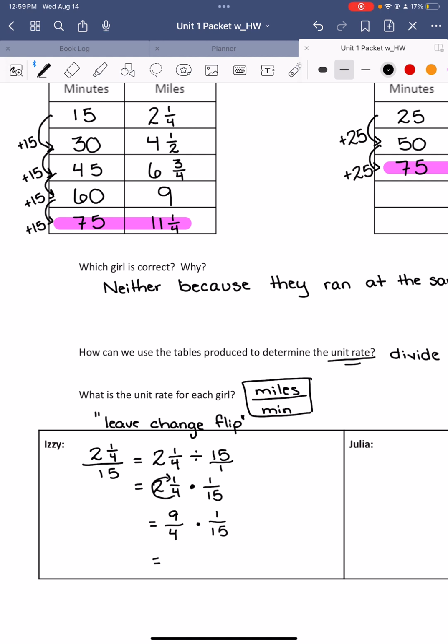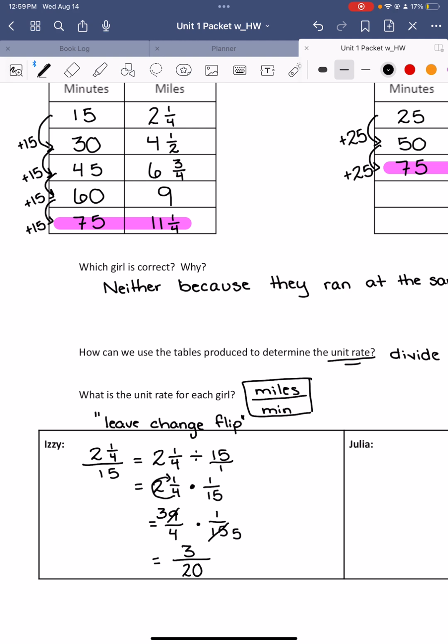So 9 and 15 can both be divided by 3. 9 divided by 3 is 3, and 15 divided by 3 is 5. So from there, it makes it a little bit easier because we're going to just multiply the numerators, multiply the denominators. So 3 times 1 is 3, and 4 times 5 is 20.